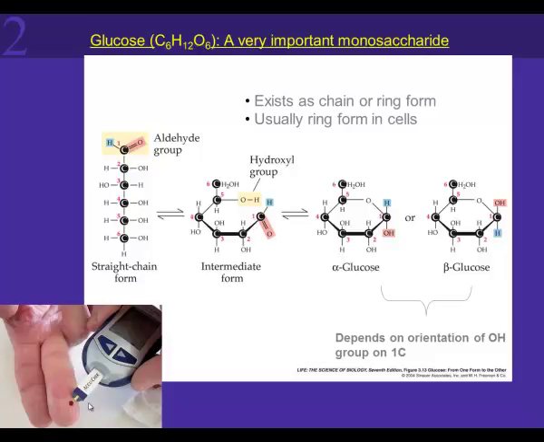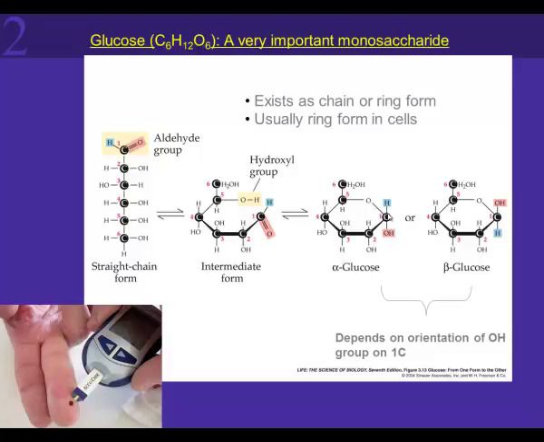It is readily used as a food source, and in fact it is the only sugar that can be metabolized by the human brain. Glucose can exist in a straight chain form or in a ringed form. In cells, it usually exists in the ring form. There are a couple of variations on that structure that depend upon the orientation of 2 atoms on the number 1 carbon.